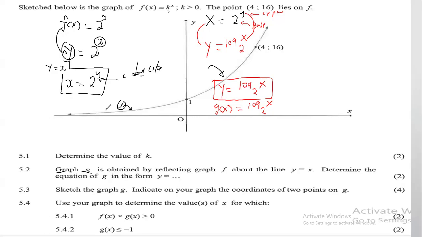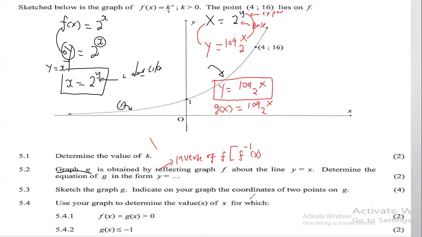So on 5.2, this examiner is looking for the inverse of f, which is f to the exponent negative 1. So he's simply saying the function g is the inverse of f. Give us the equation of g. Give us the equation of the inverse of f.